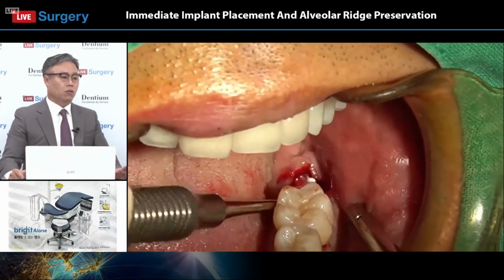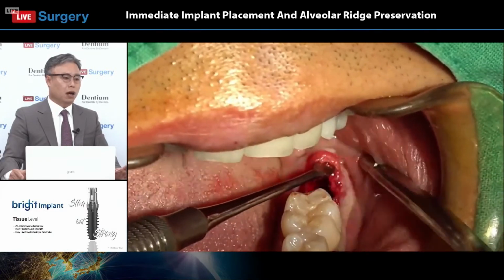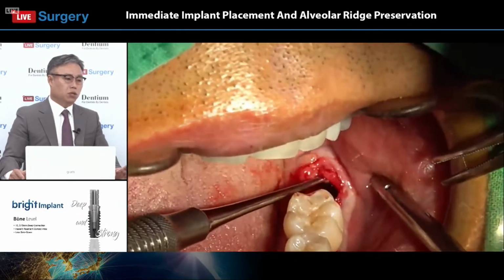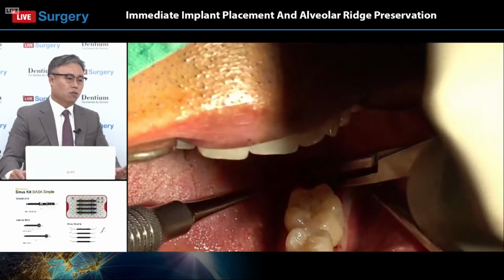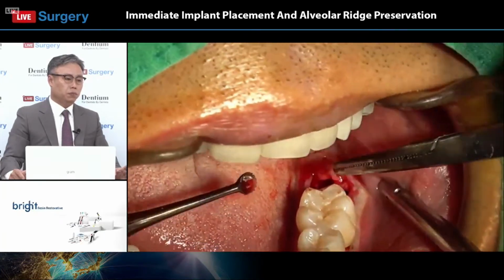Therefore, we cannot get a successful clinical outcome. So this is the procedure he's doing. I think thorough removal of the granulation tissue is a very important procedure.